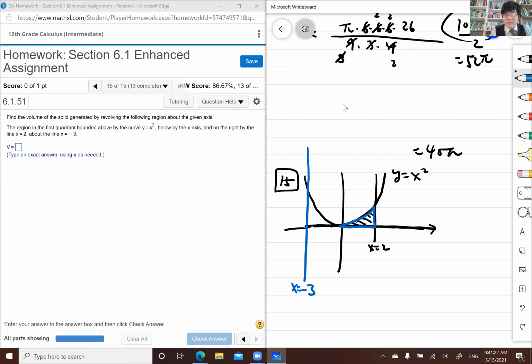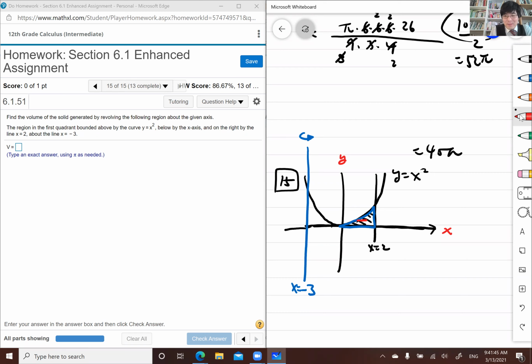Again we will need the washer method. We are interested in integrating in the direction of y instead of x, because the cross-sectional area perpendicular to the axis of revolution is in this direction.